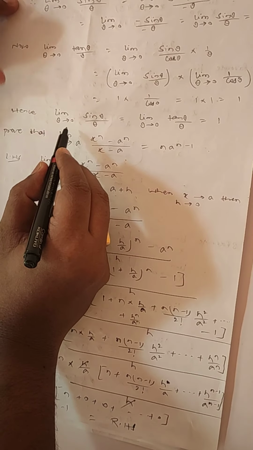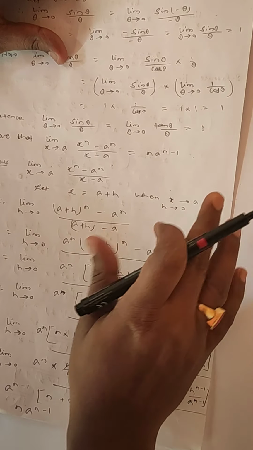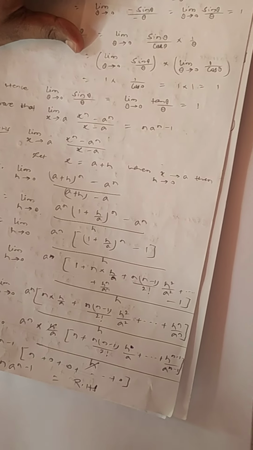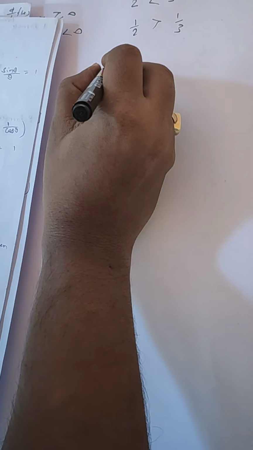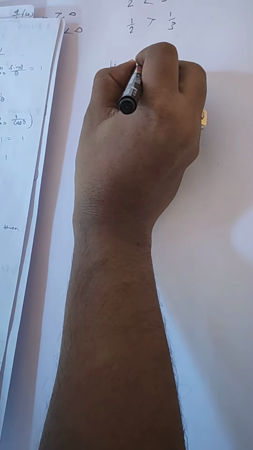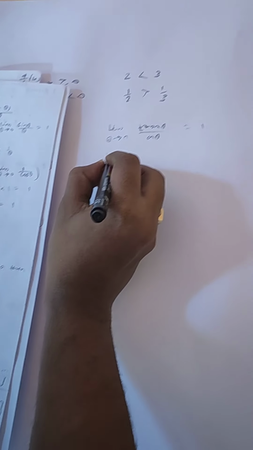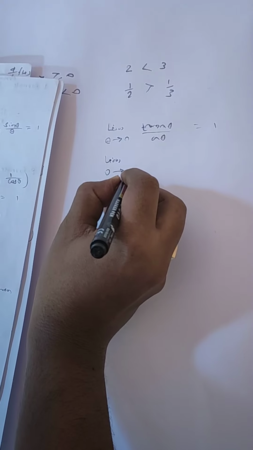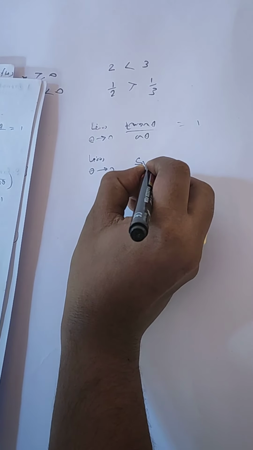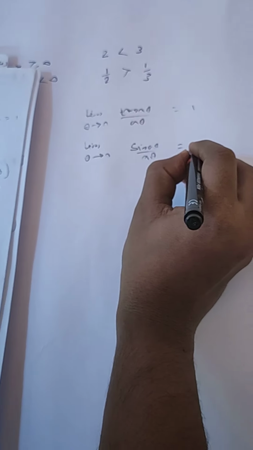So limit theta tends to 0 tan theta by theta equals 1, and its generalized form is limit theta tends to 0 tan a theta by a theta is also equal to 1. Similarly, limit theta tends to 0 sine a theta by a theta equals 1.